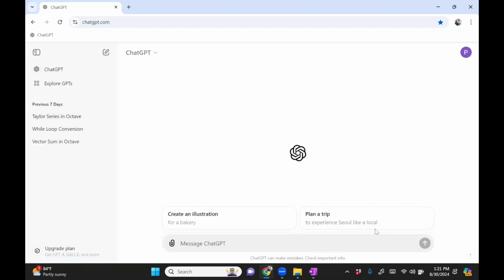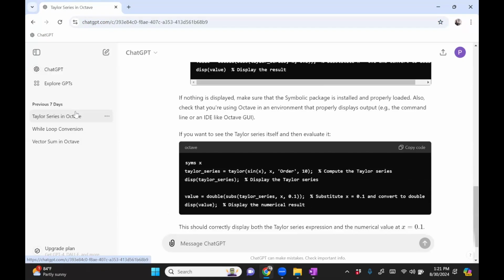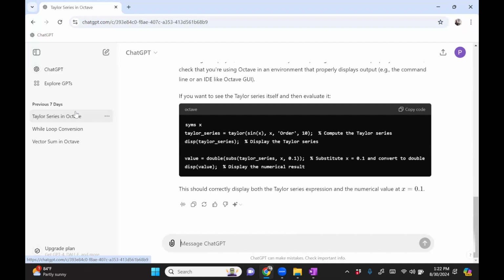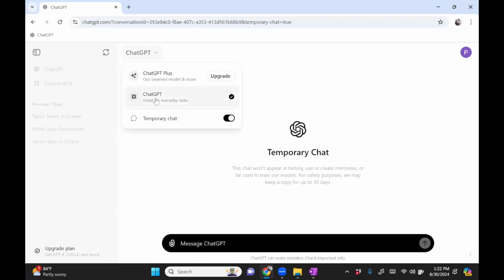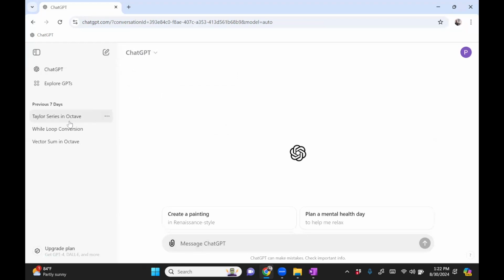As I told you, conversations in ChatGPT are saved if you choose to save them. If you don't want to save them, you can do a temporary chat. It won't get saved. Let's not do a temporary chat. I want to have a series for numerical derivatives. That way I can go back to it.